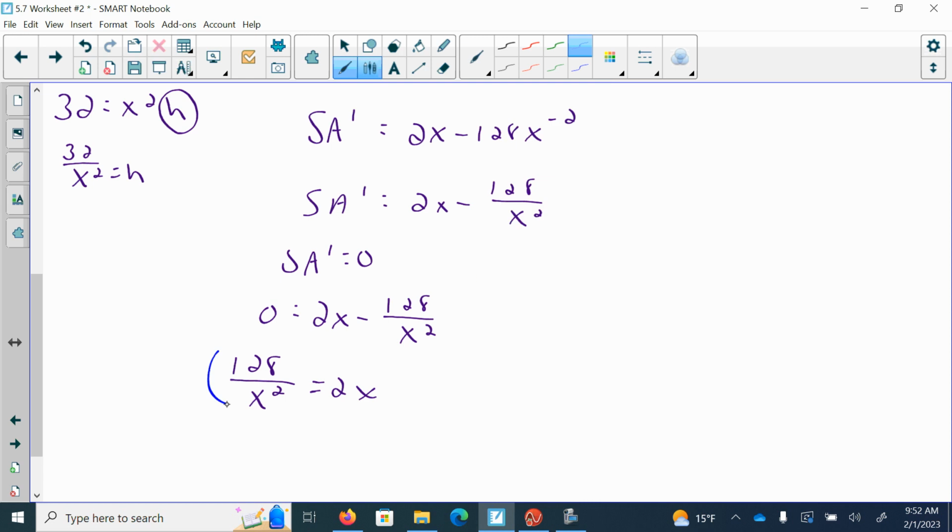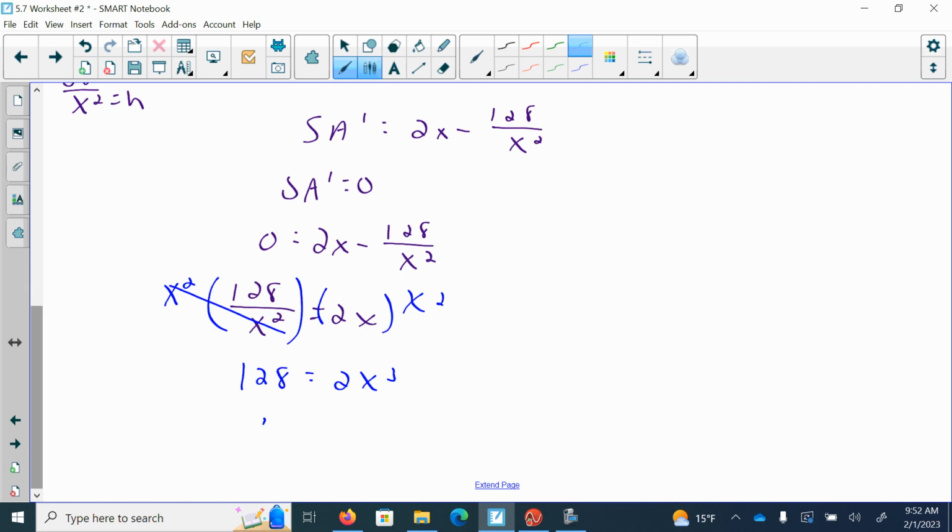So multiply both sides by x squared. When I do that, these will simplify and get 128 is equal to 2x to the third, divide. So I get 64 is equal to x to the third. Take the cube root of both sides, make it 4. So x is equal to 4.